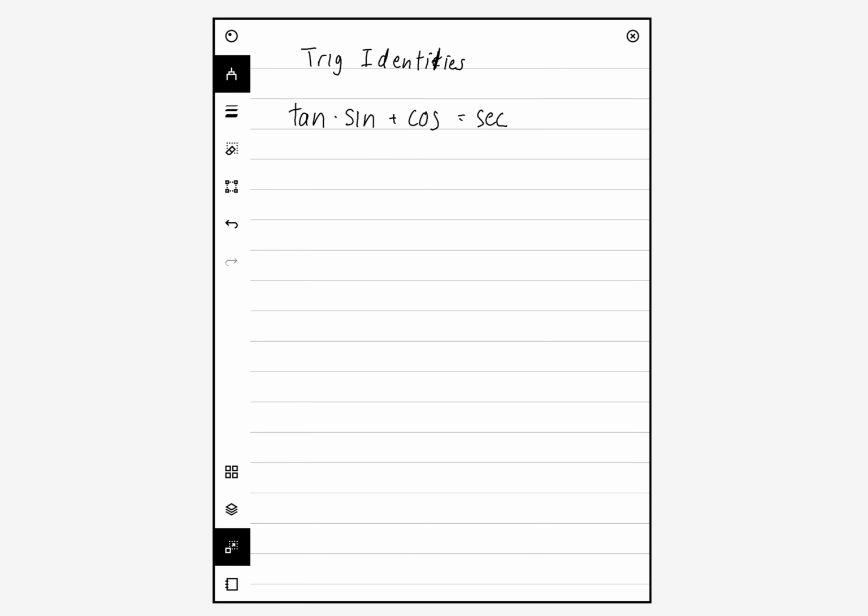I'm thinking, okay. If you look at a list of trig equations or trig identities, we'll see that tangent is equal to sine over cosine. And then if we combine with this sine, we'll get sine squared over cosine. Okay.